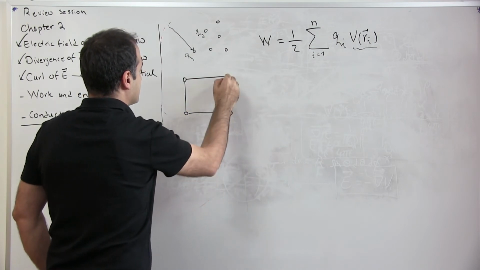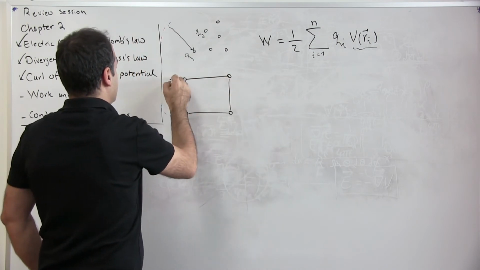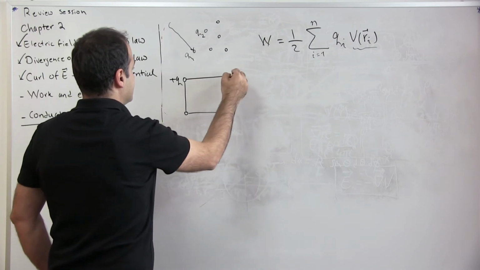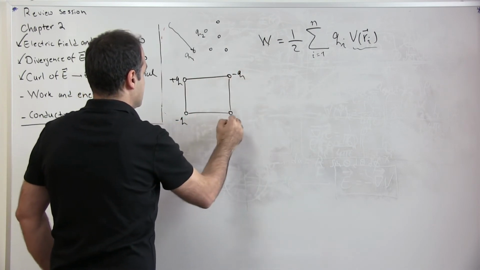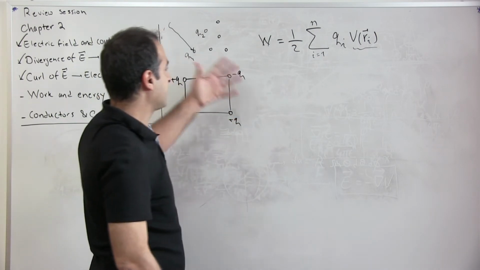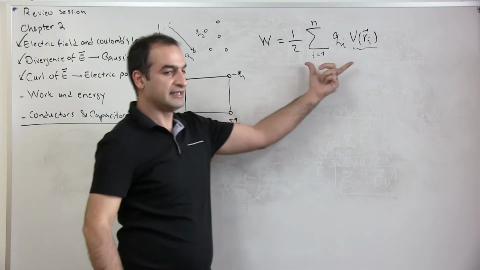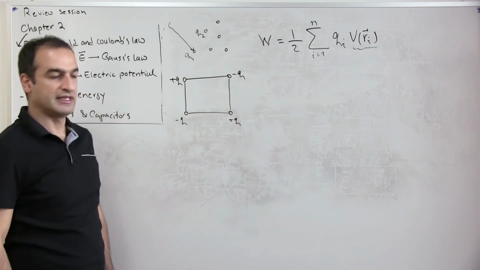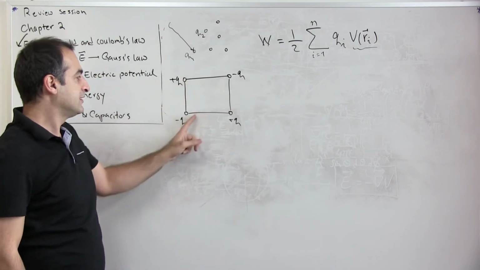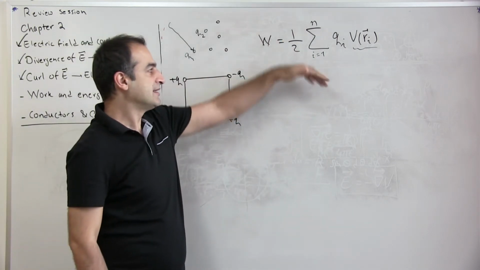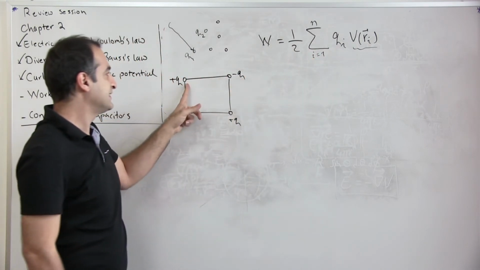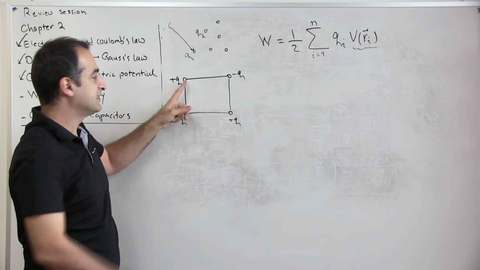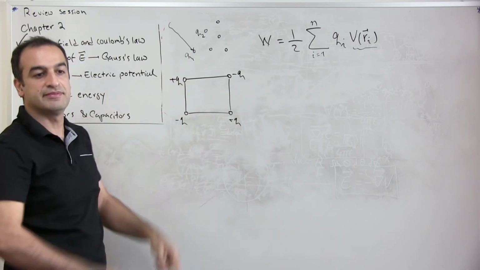So if you see a problem, let's say we have 4 point charges sitting on a square, that is plus Q, minus Q, minus Q, plus Q. If you see something like this, you know how to calculate the energy of this collection. You have 1, 2, 3, 4 charges. This summation runs from 1 to 4, and then you look at each of the charges and look at the potential created by the 3 others at this position.